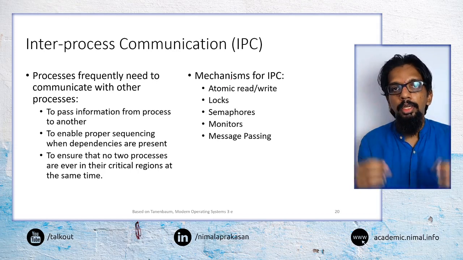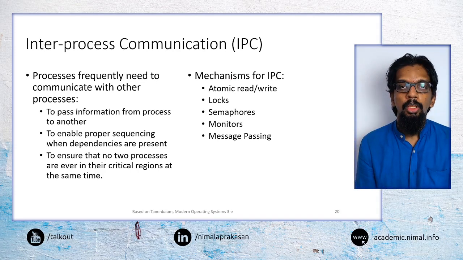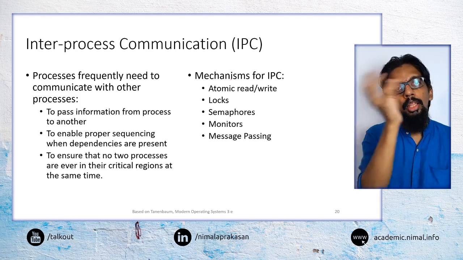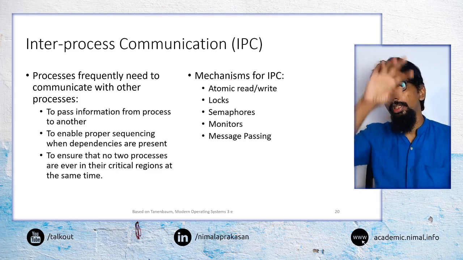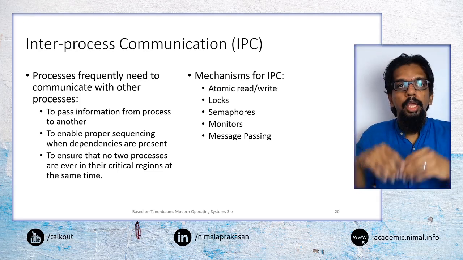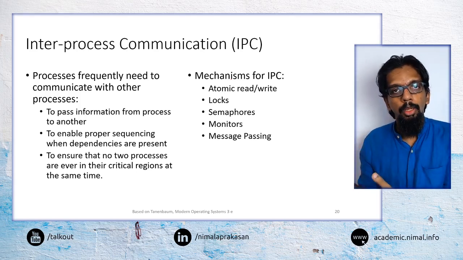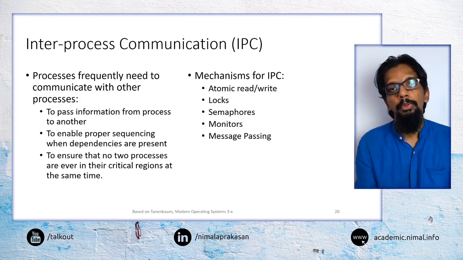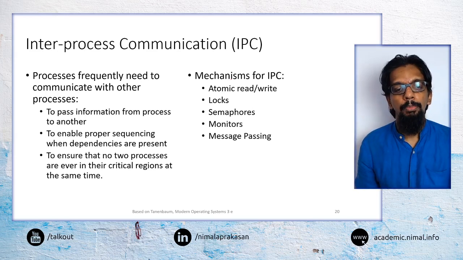For different reasons, these processes may need to pass on information. For example, a process may generate some information, and that may be the input to the other process. Say, you may need to extract some information and then give that to another process to compute, and another process may use that to do some other computations. So there may be dependencies for information passing as well.